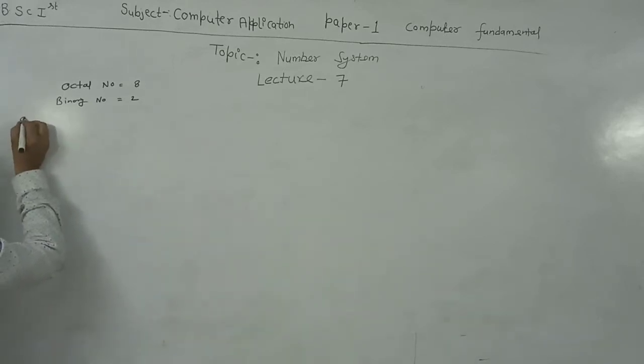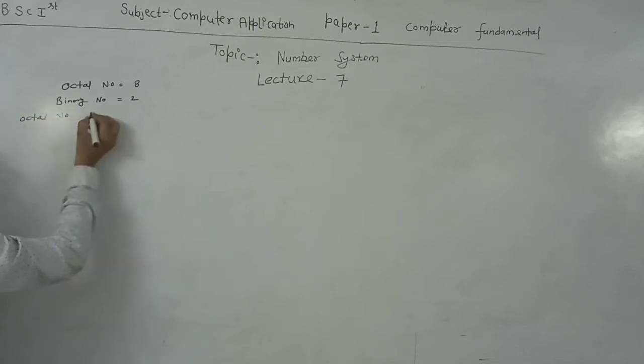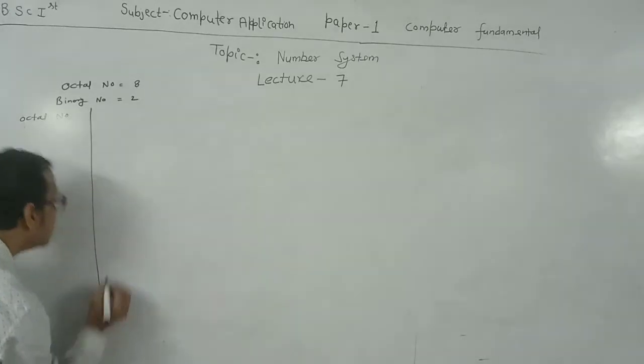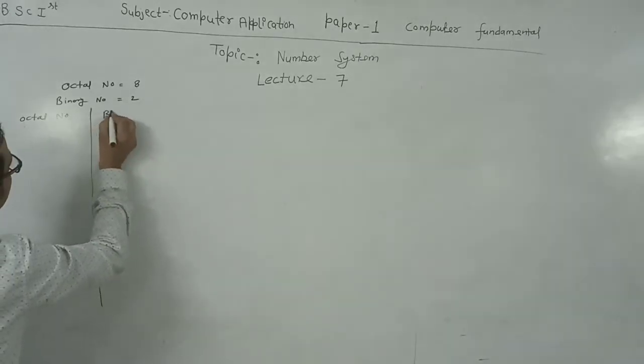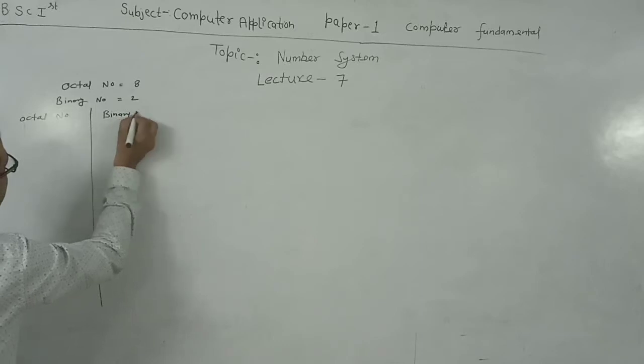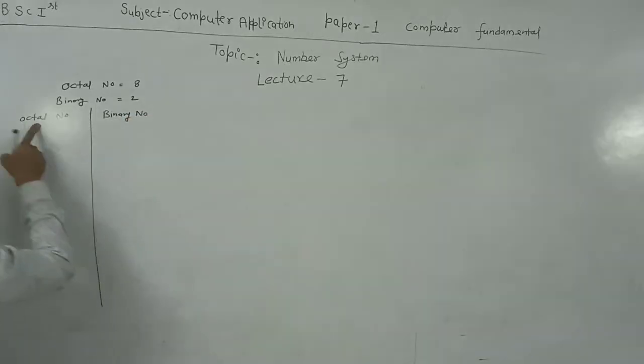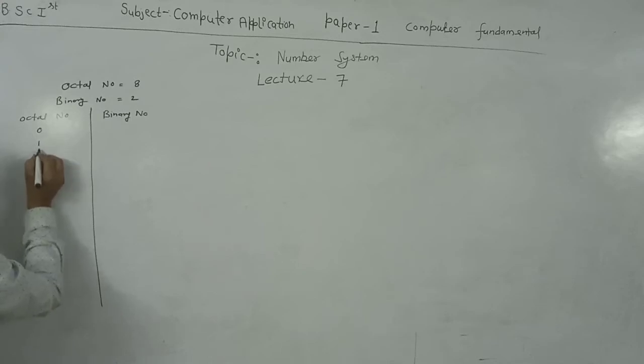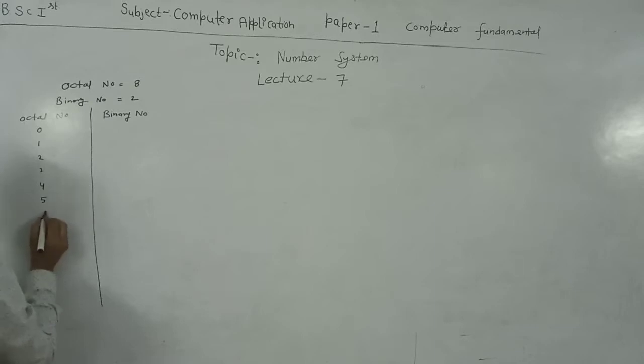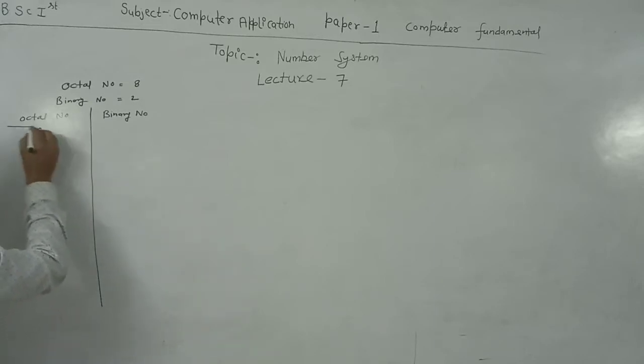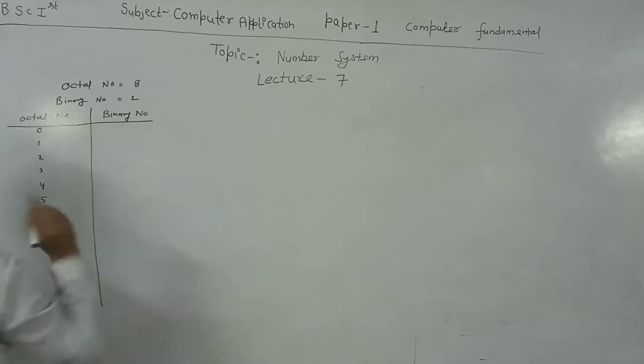Here we write the octal number, and here we write the binary number. We know that octal has digits from 0 to 7, and we convert these octal digits into binary.